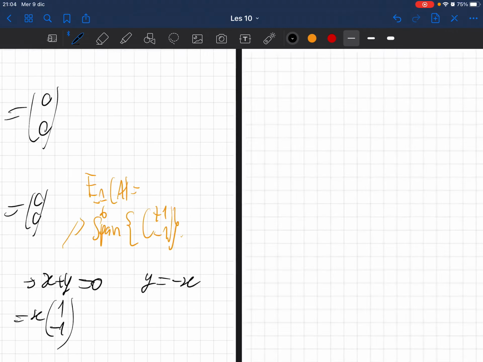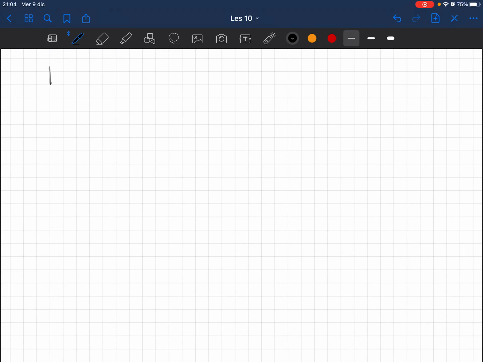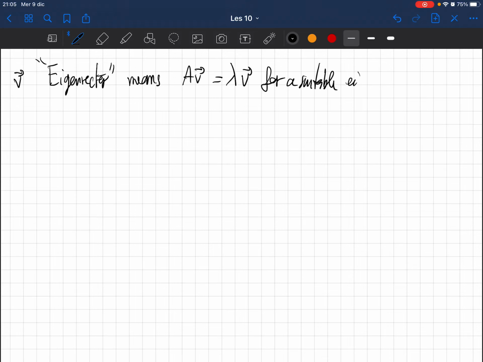Well, recall that if v is an eigenvector, it means that Av is equal to lambda v for a suitable eigenvalue.